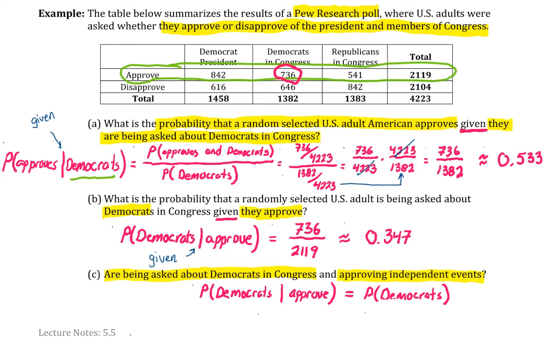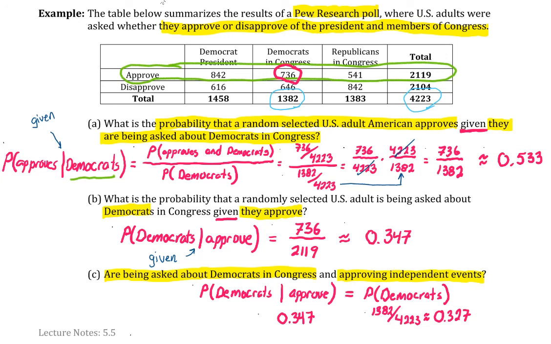Now, in part B, we already calculated the probability of being asked about Democrats given they approve as 0.347. On the right-hand side, being asked about Democrats in Congress. This is going to be the total number of Democrats in Congress divided by that table's total, which is going to be the 1382 divided by the 4223, which is about 0.327.